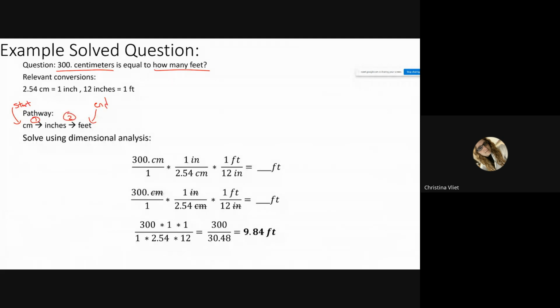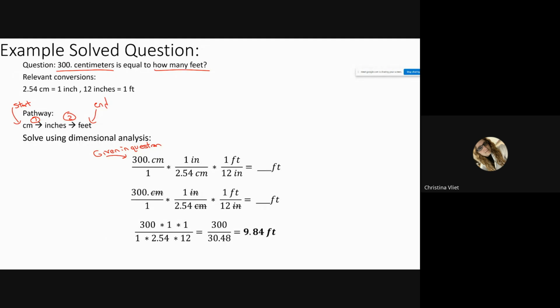And then you solve. In the solving, you would start with your given amount in the question that you're trying to convert out of, 300 centimeters. You write an invisible 1 under it. That's to help you with the math you're going to do.